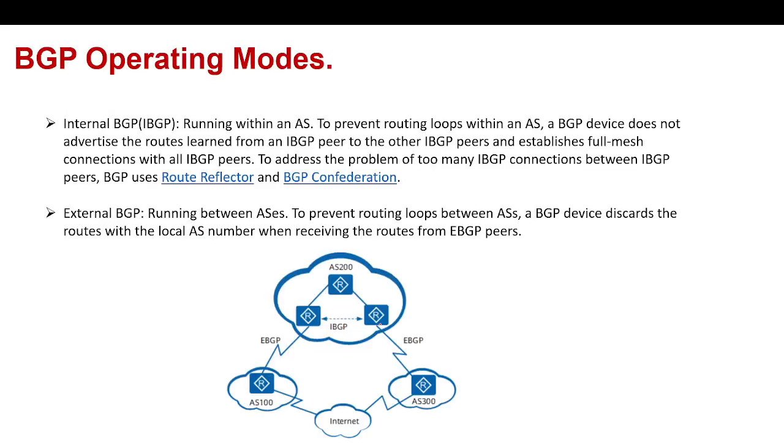So, BGP operating modes. When we talk about BGP, we have what we call internal BGP and external BGP. For internal BGP, we are configuring it between routers in the same autonomous system. So you have built your network and classified it into different autonomous systems. You will have to configure iBGP between routers in the same autonomous system.